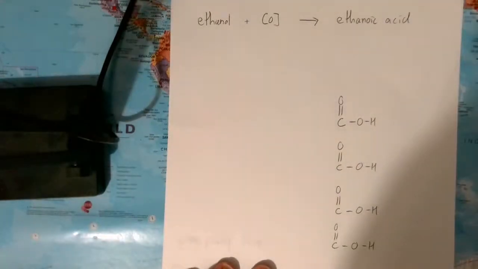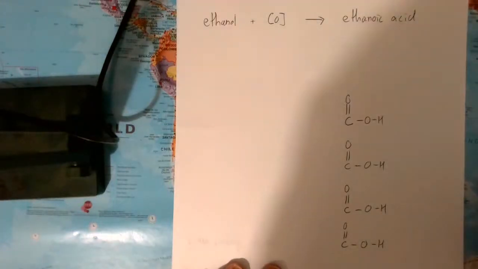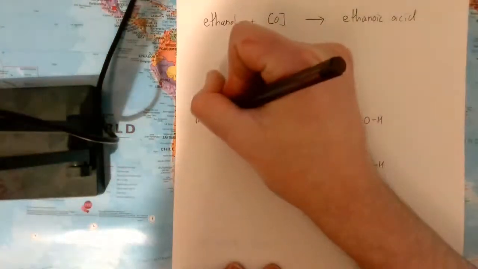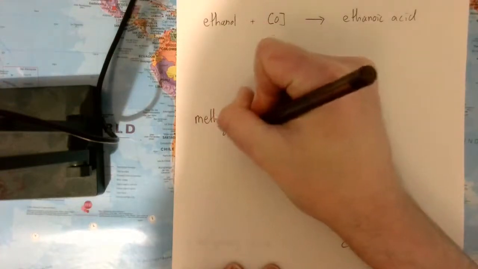So I've drawn out the functional group for the first four of these. If you want, please pause this and see if you can figure out what the names are, and then check that you got them right. So I'm going to go from 1 down to 4. The first one is methanoic acid.